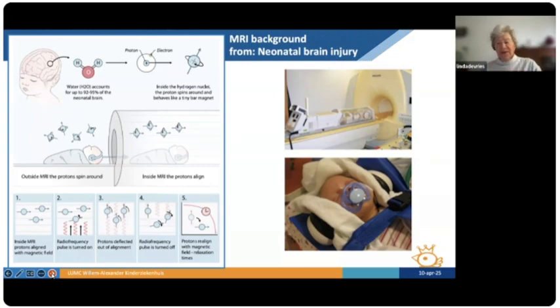But you can imagine that if you go through the fluid, like the CSF, this happens very rapidly. But if you go through the tissue, you get a different timeline, and it will go very slowly. And because for every tissue, also for injured tissue, this will be different, you can get a lot of detail of the different tissues that you have in your brain or elsewhere in your body.